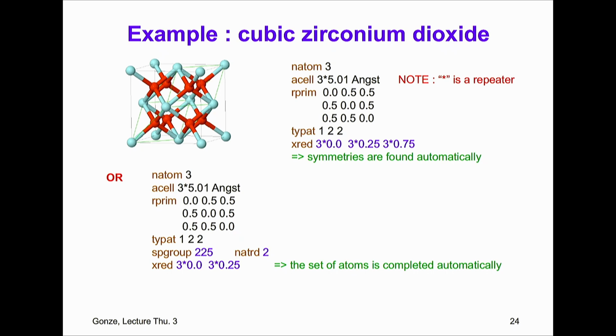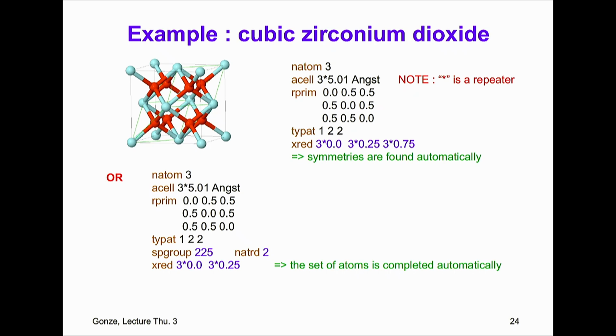And then you see here comes the first meta character in the input file of ABINIT, a star, which is preceded by a repeater. Okay, so 3 star value is equal to value, value, value. Okay, and sometimes I have to specify 100 very similar values. It is very easy to do thanks to this trick.